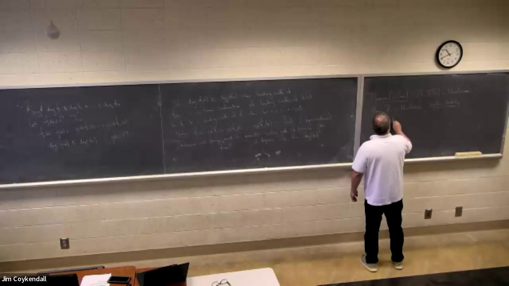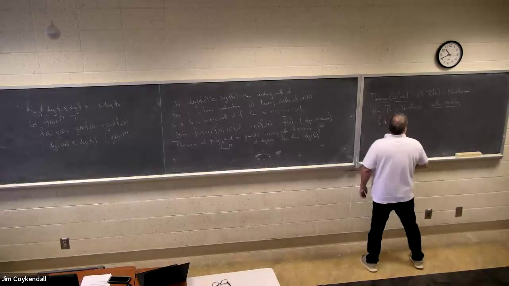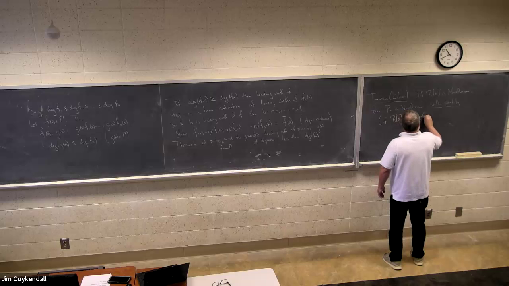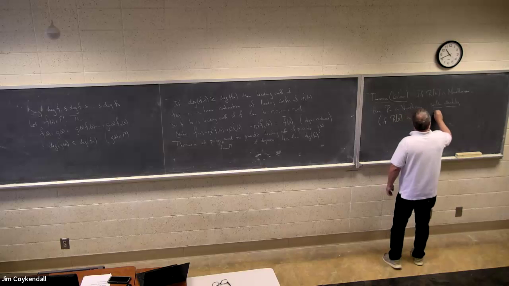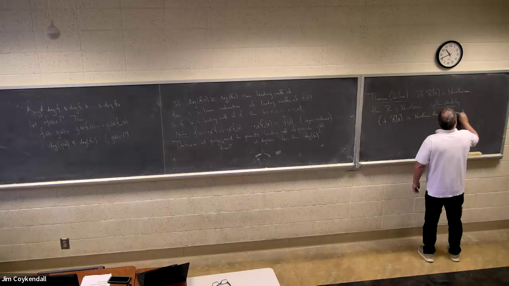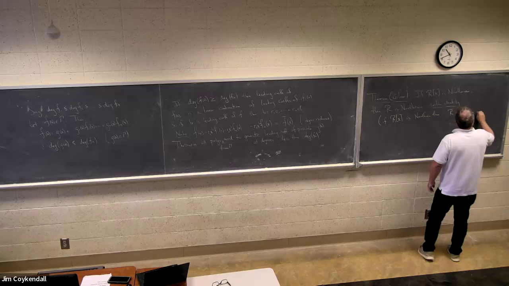But are we assuming R is just a commutative ring? Yes, yeah. Then all must have identity.